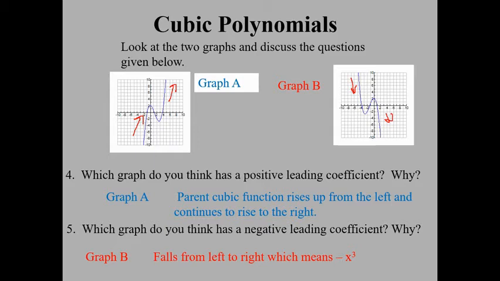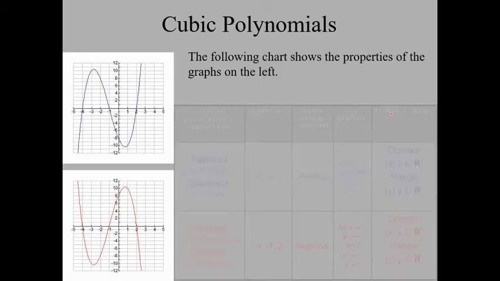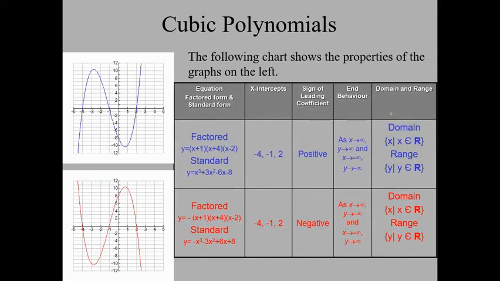Think about it. All right, let's take a look at some cubic polynomials. The following chart shows us some properties. So we're going to focus on the roots or the zeros or the x-intercepts. Notice your x-intercepts. There's 3 of them in this case. It's -4, -1, and 2. Notice that in factored form, you take your x-intercepts, put the opposite in with the x.